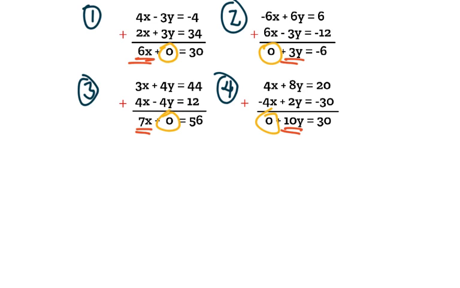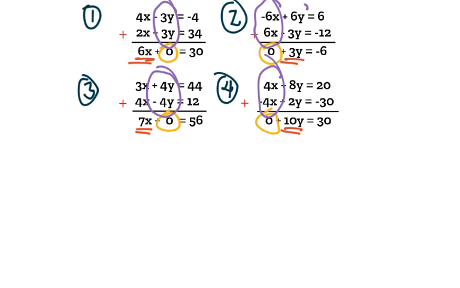I also noticed that this middle part right here, plus 4y, minus 3y, plus 3y, minus 6x, plus 6x, 4x, minus 4, those created zeros.